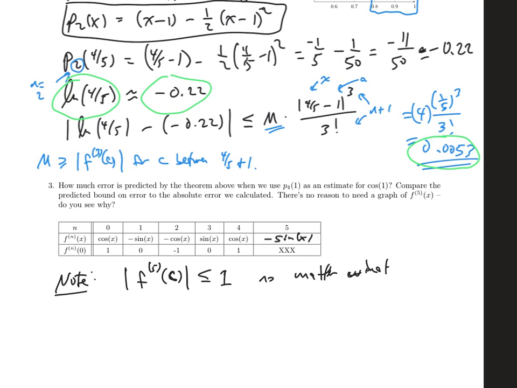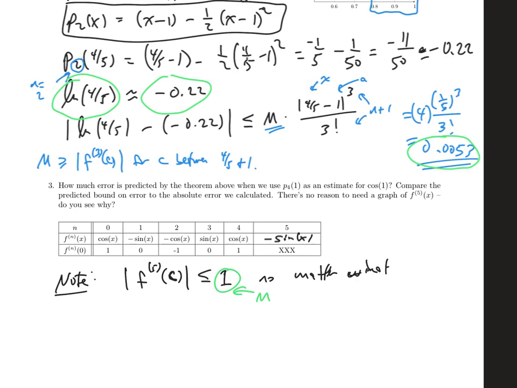So the absolute value of the fifth derivative is definitely less than or equal to 1 no matter what values of c you're using. And so that means when our function is something like sine or cosine, we could just use 1 for m, and we know that that'll be okay. That may not be a great choice for m. We saw above that we can be a little bit off from reality and still not be too far away.